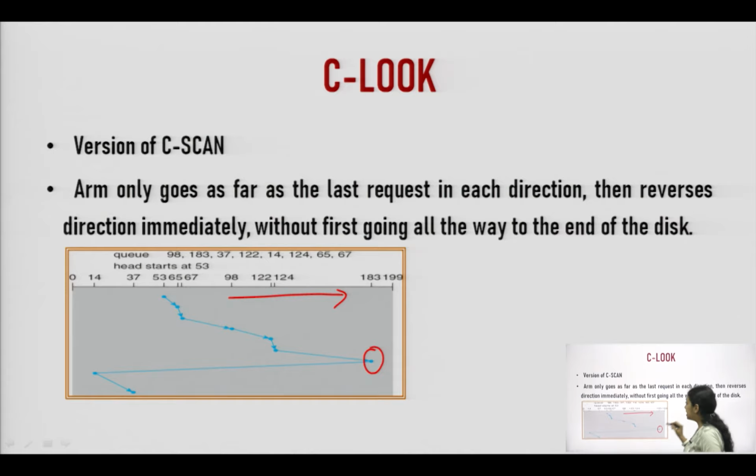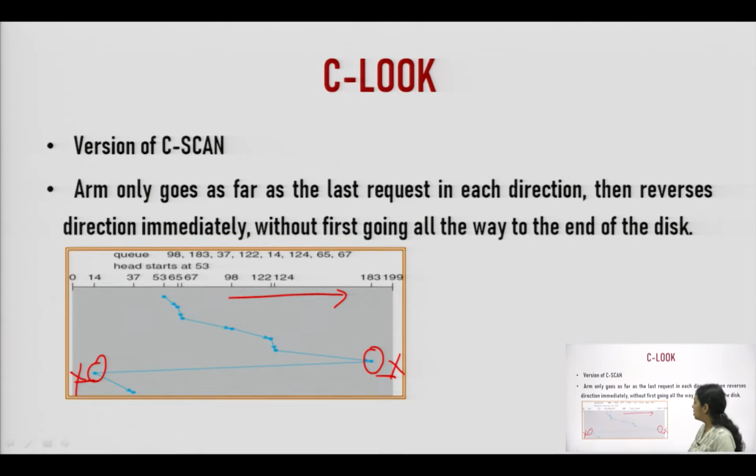But in LOOK it saves a lot of head movement by just going till the last request. From 183 the next request is 14, so it will not go to 0, and it will not go till 199. So this particular head movement is saved in the case of C-LOOK, or circular look.